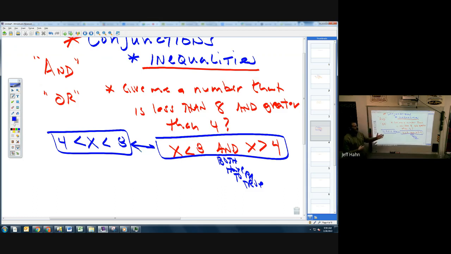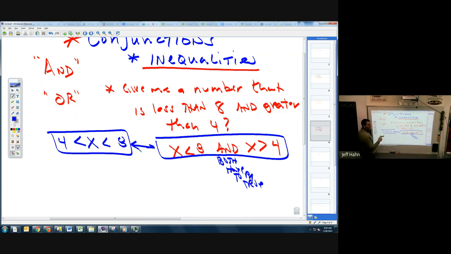You just have to recognize this, and when you say this out loud, you would say it just like I said there: X is greater than 4 and less than 8. With me? This is the conjunction "and." These two mean the same thing. Sometimes they'll write it out like this, sometimes like this, but they mean the same thing. Give me numbers that are greater than 4 and less than 8.